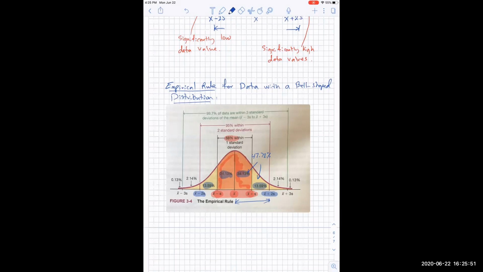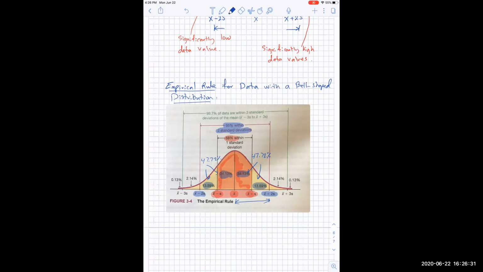The sum, 47.72 plus another 47.72, will give you approximately 95% of your data values within 2 standard deviations. Okay, 95% within 2 standard deviations.